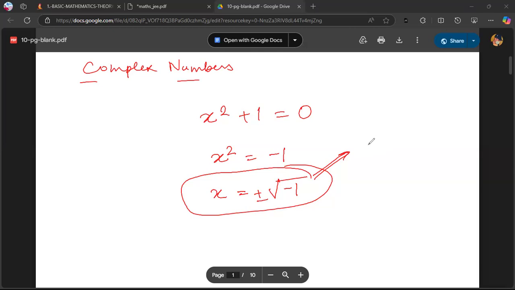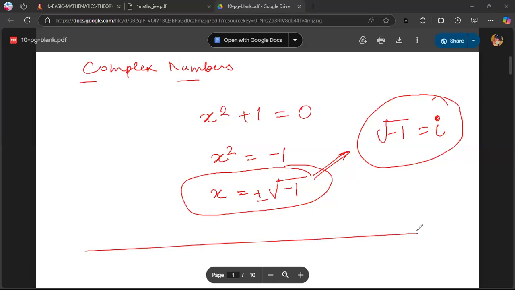Square root of a negative number was not in our syllabus in lower classes. But now we have to face this concept. And this square root of -1 is called iota.